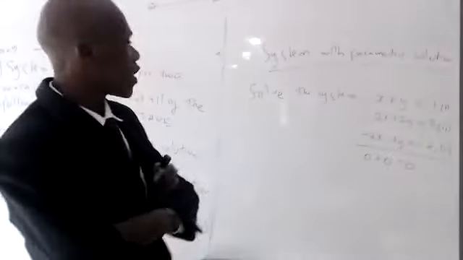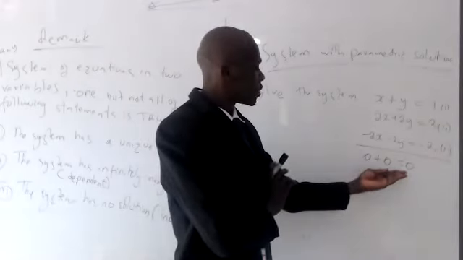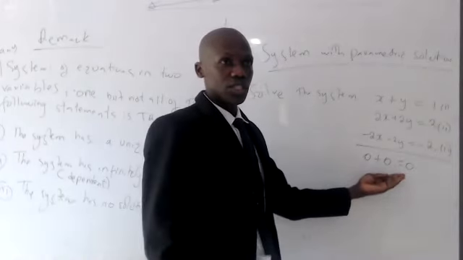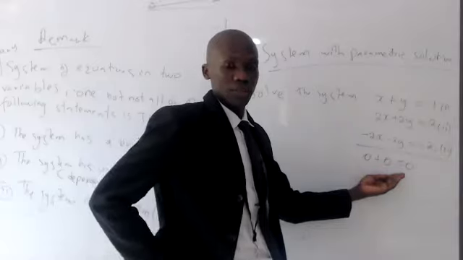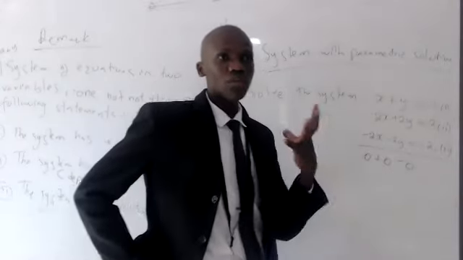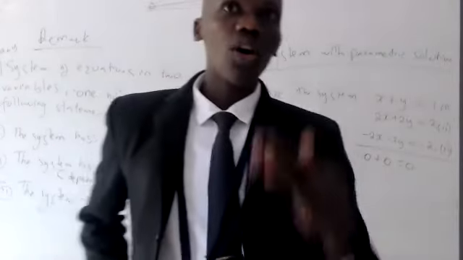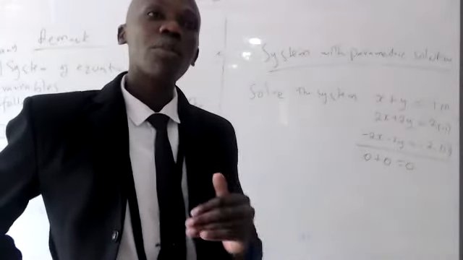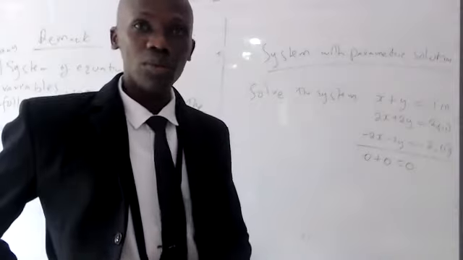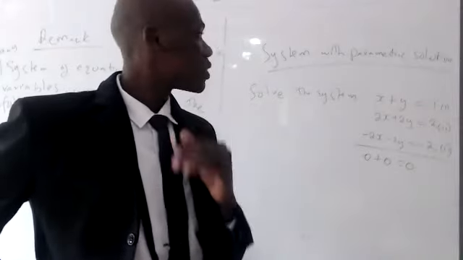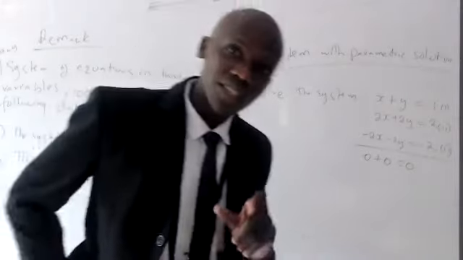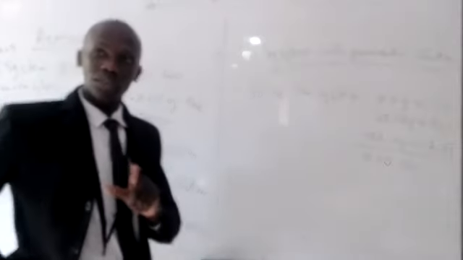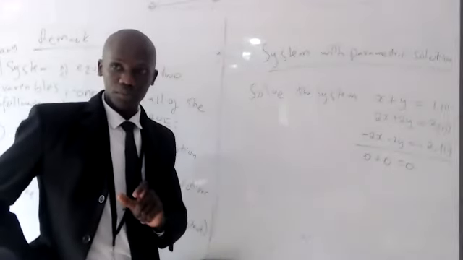So once you find statements like this, it means your system has no unique solution. Your system has what we call parametric solutions, or infinitely many solutions. However much you try to eliminate one variable, you will never succeed in eliminating one variable from the system.